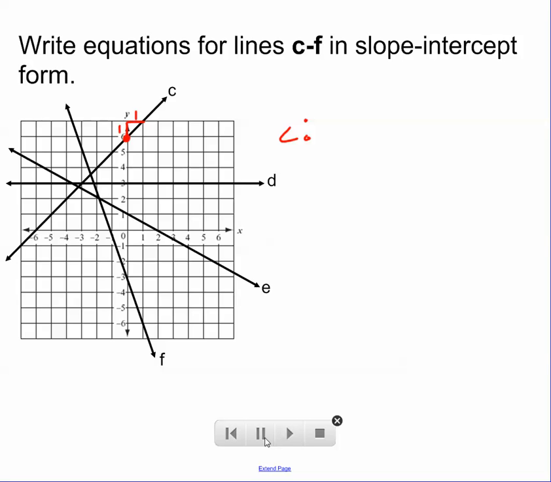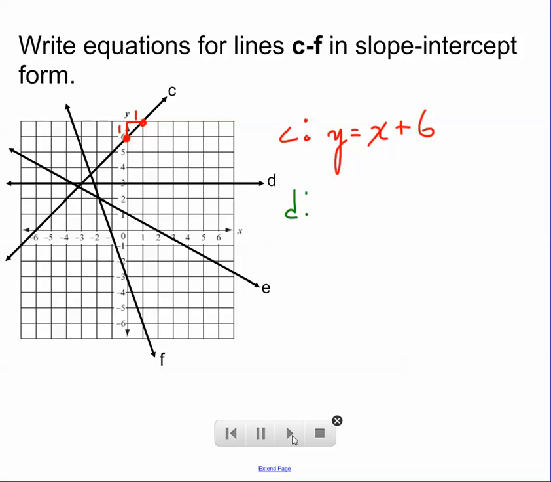So we're going to start with y equals x. We're not going to put 1x. We could, but we're definitely not going to put 1 over 1x, so we'll just leave it as x. There's a slope of 1. And then the y-intercept is 6, so plus 6.